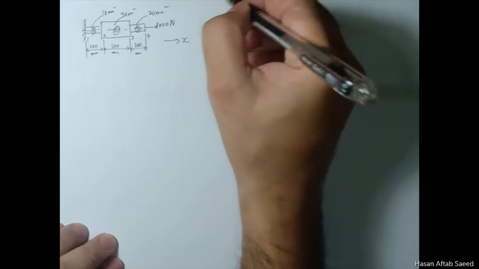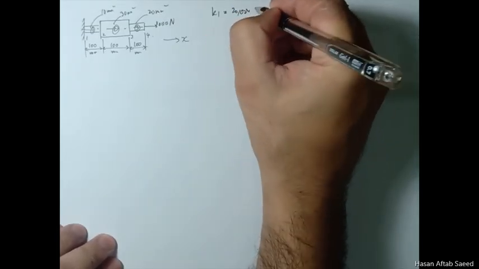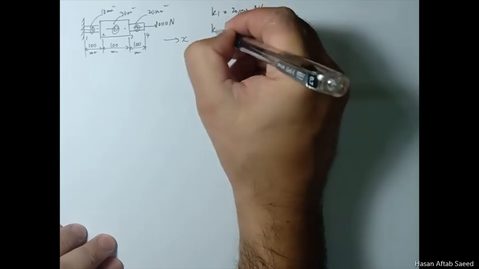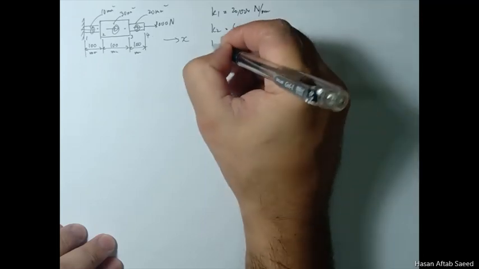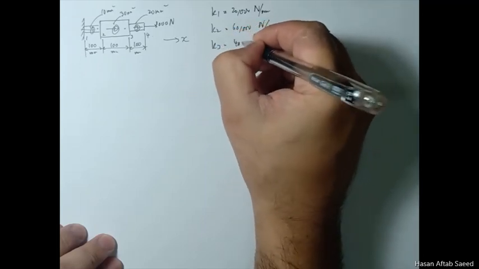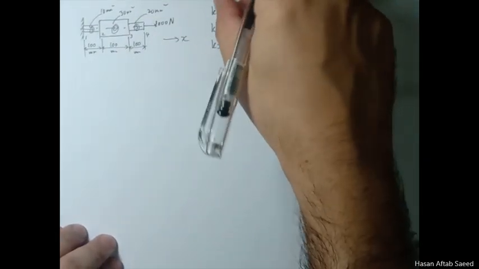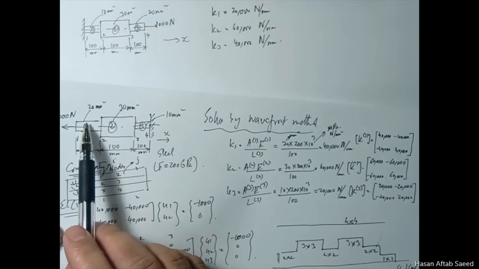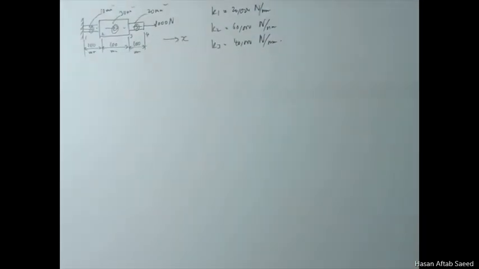So in this case, by the same calculations, the k values will be k1, k2 60,000 and k3 40,000. Now these are reversed. K1 and k3 are reversed because recall that in this case 1 was 20 millimeter diameter here, and 3 was 10 here. Number 1 is 10, so these are reversed, but apart from that there is no change.